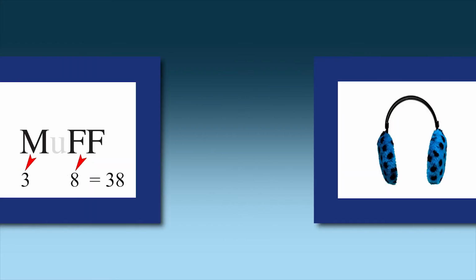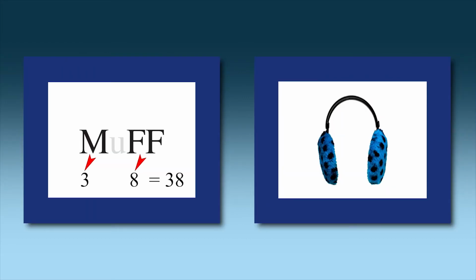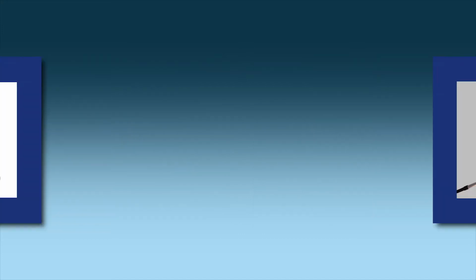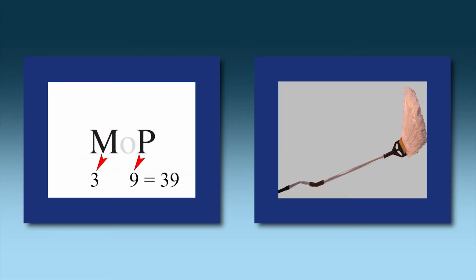How about muff? 38. Very good. There's 2 F's in a muff, like an earmuff, but you only count one of them. So muff is 38. If you want to use mafia, the boys like that one, that's also 38. Think about it. 39. Mop. Oh yeah, mop. M, 3, O doesn't count for anything. P, 9. Very good. Turn the P around, it's 9. So mop is 39. Very good.